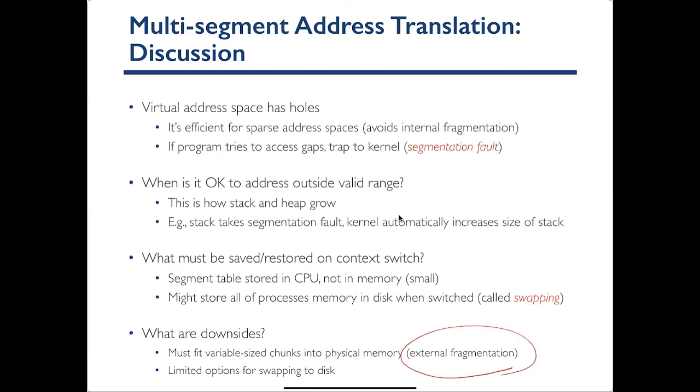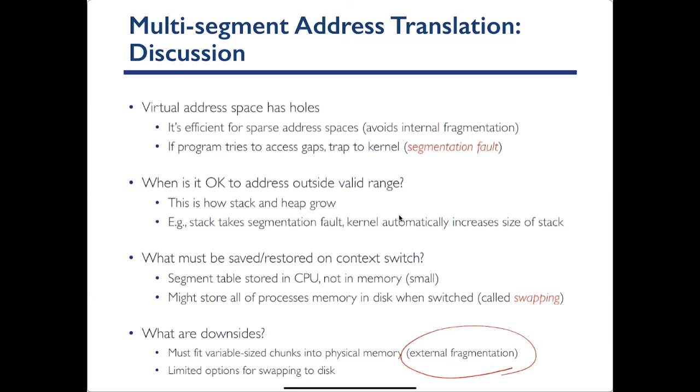So compared to BNB, we have improved external fragmentation because now our segments are smaller than the actual application, but we still have external fragmentation. And the main reason for this is that each segment has different size. And as long as you have segments with different sizes, then external fragmentation happens, right?